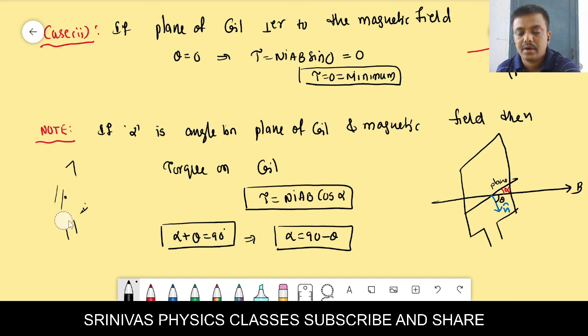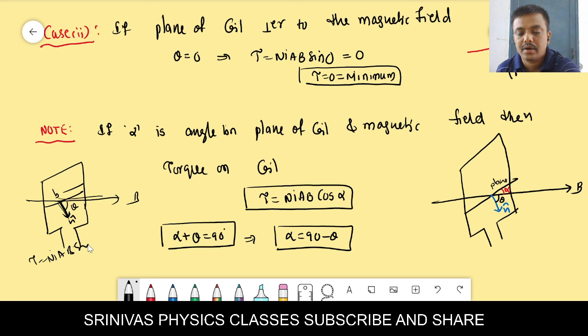If they give the angle between the normal to the plane of the coil and the magnetic field, normal to the plane of coil means a line that makes 90 degrees with the surface. If they give the angle between this normal and the field as theta, then the torque formula is NIAB sin theta.